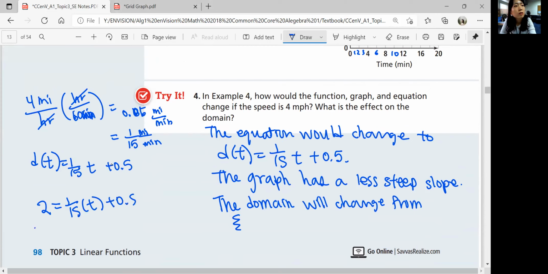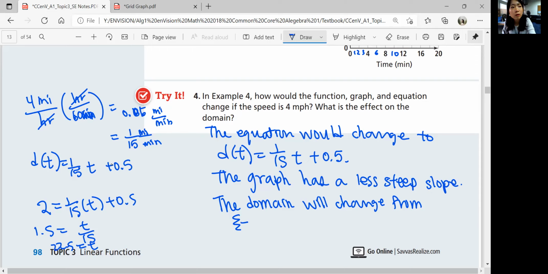Then you have 1.5 is equal to t over 15. So multiply 15 on both sides. That's going to be 22.5 equals t. So the domain will change.